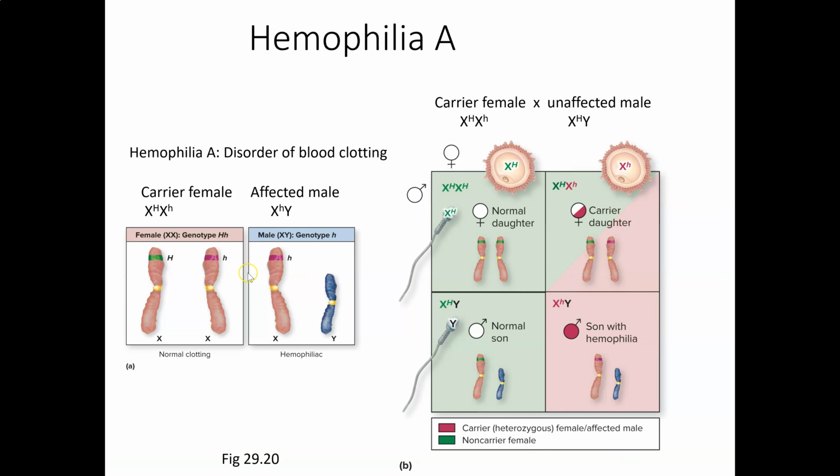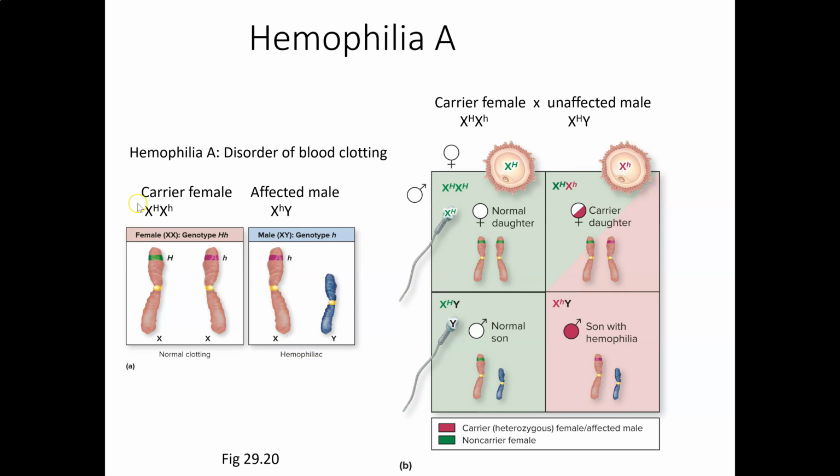But I do want to point out here, if a male carries a copy of the X chromosome with the recessive allele, that's a disease allele. Hemophilia A is the example we use here. This male is going to be affected, going to be hemophiliac.